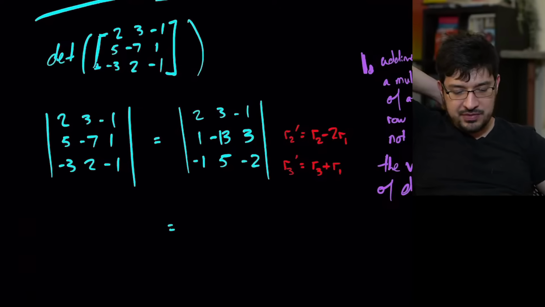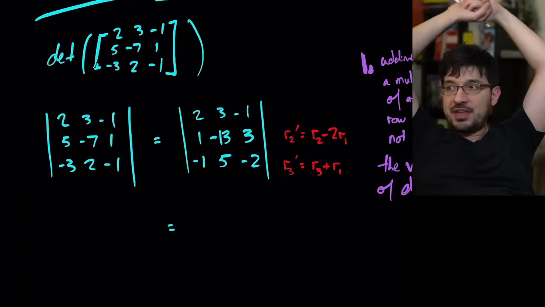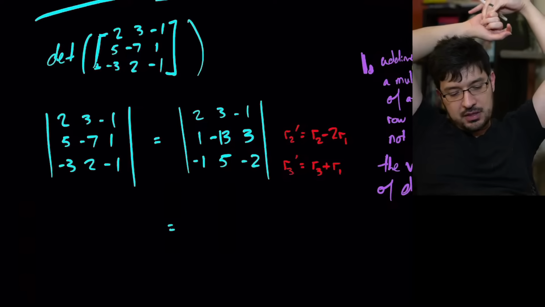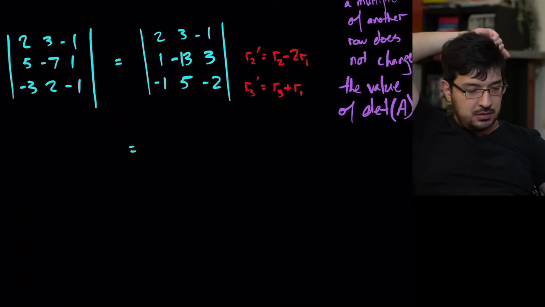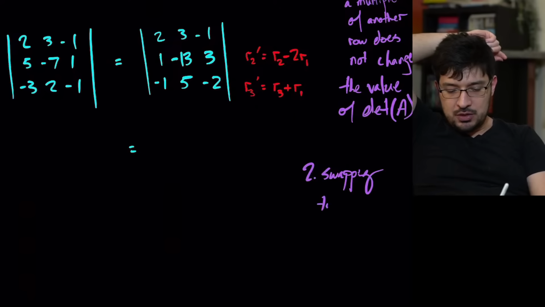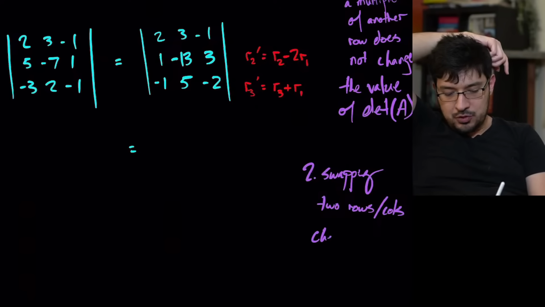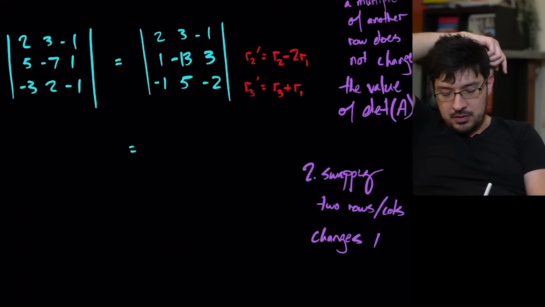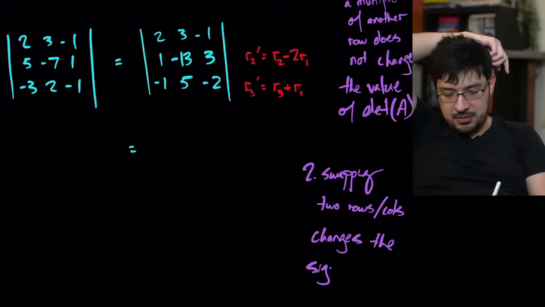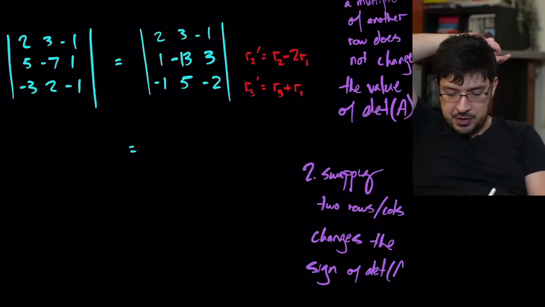So I replaced the second row, I subtracted 2 times the first row from the second, and I added the first row to the third. Another neat property of the determinant is that swapping or interchanging two rows also, this stuff works with columns, changes the sign of the determinant, okay?